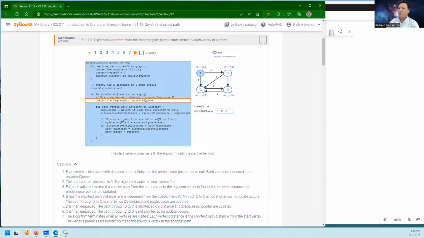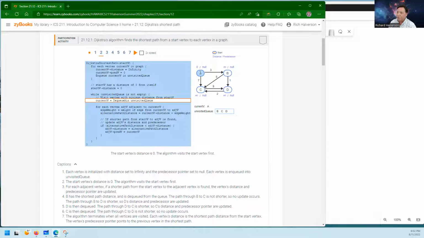And what we do is each time we pull a vertex out of the unvisited queue, we pull the minimum one, the smallest valued one. So the first time, there's one 0, which is A, and all the rest of them are infinity.